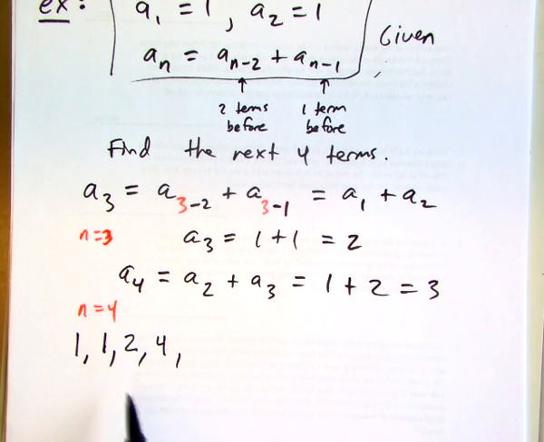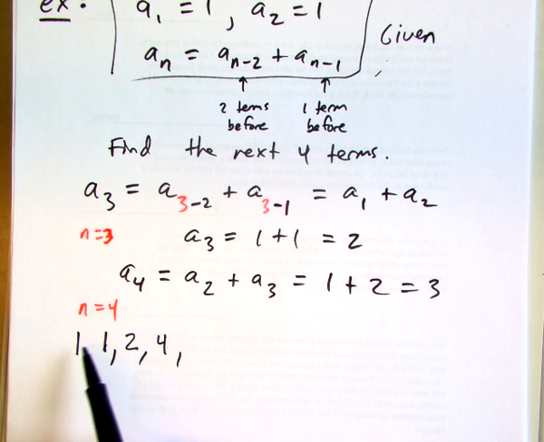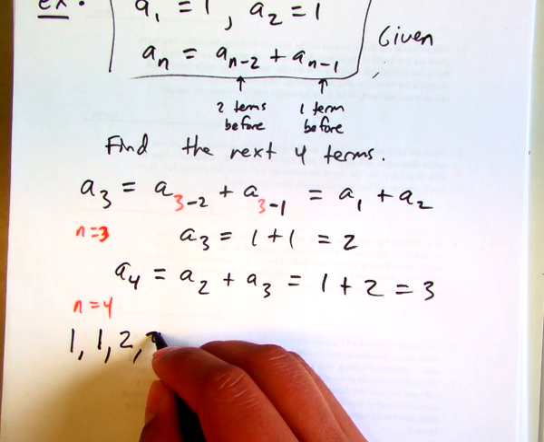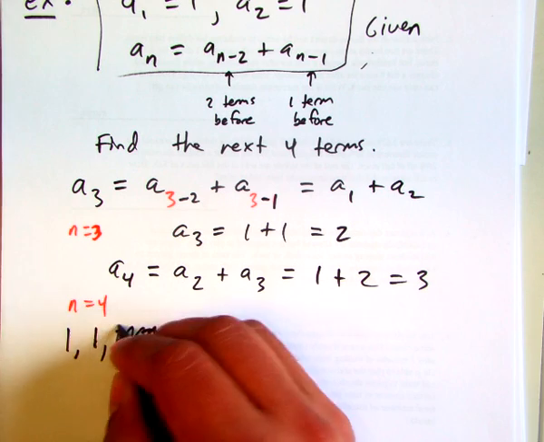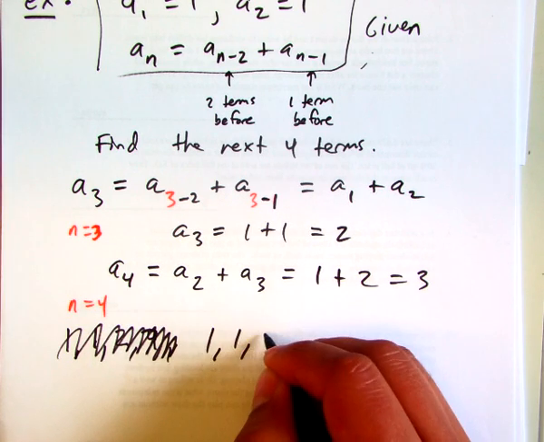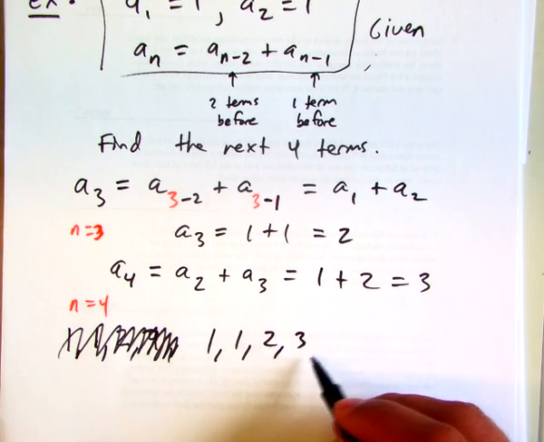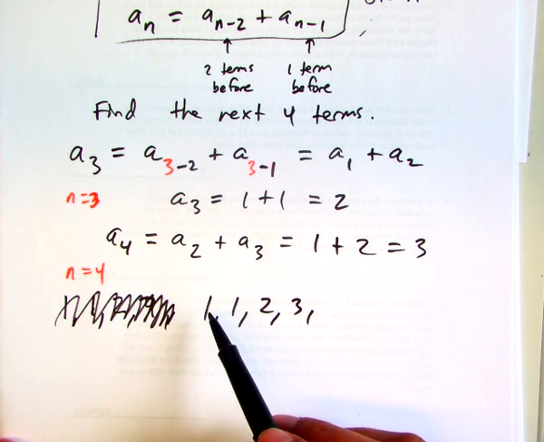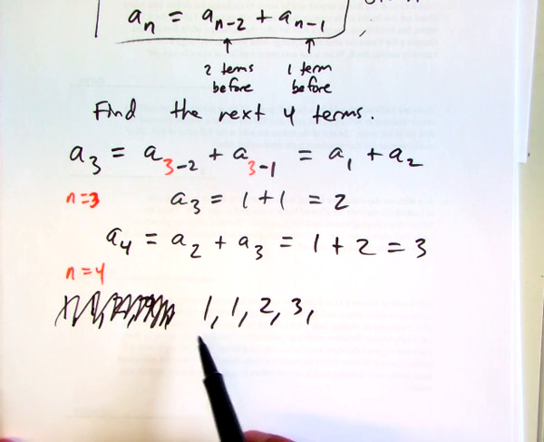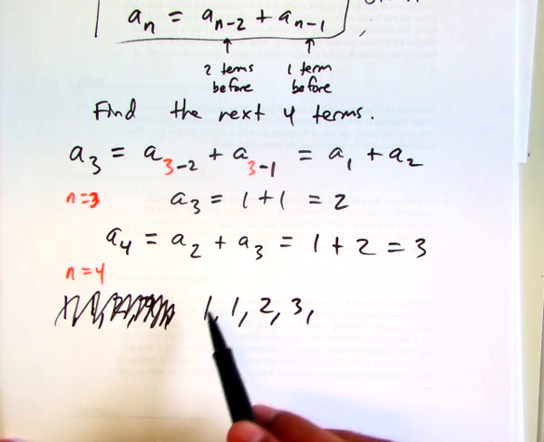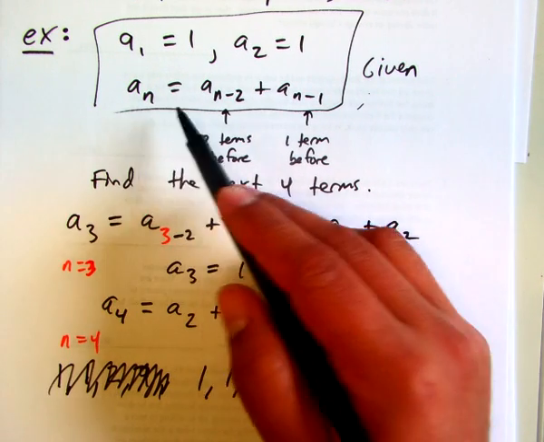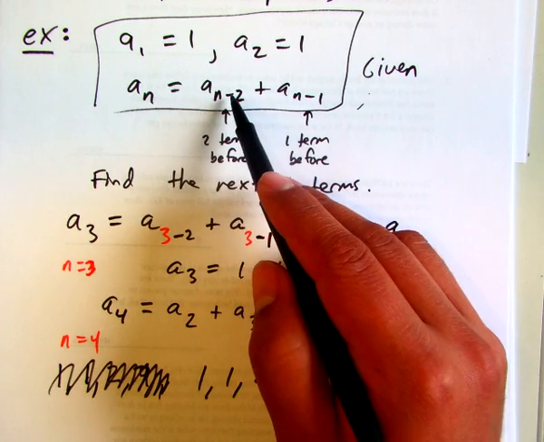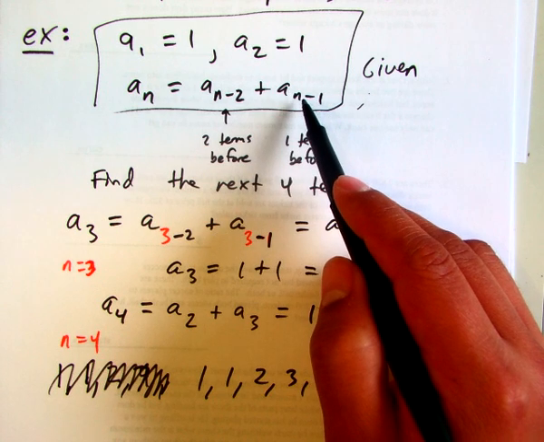And if you know what's going on here, this is the Fibonacci sequence, one of the most famous sequences of numbers there is. If you know what this rule means, to find the nth number, you take the two numbers before it and add them together.